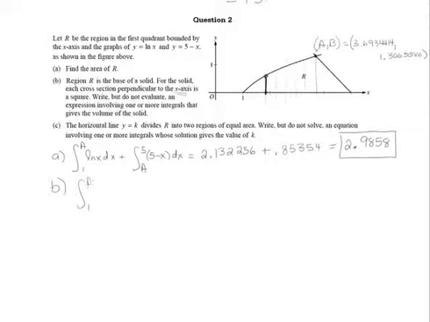From 1 to A of, now I make the slice, I pull it out and lay down the square, and this distance from here to here is simply going to be natural log of x minus 0, or natural log of x.